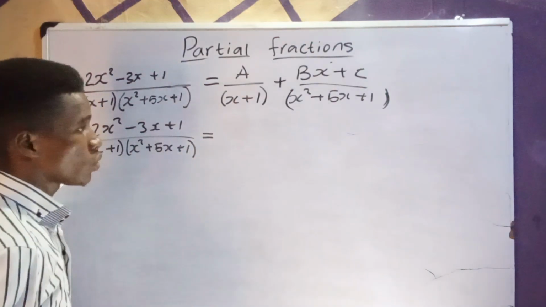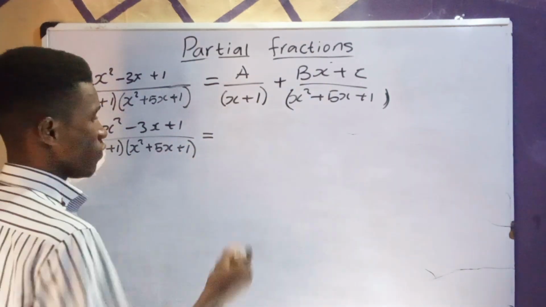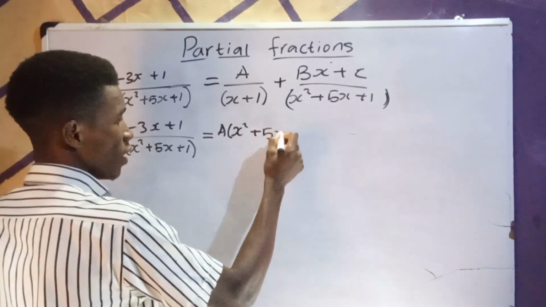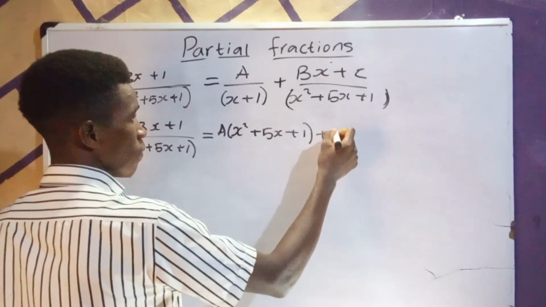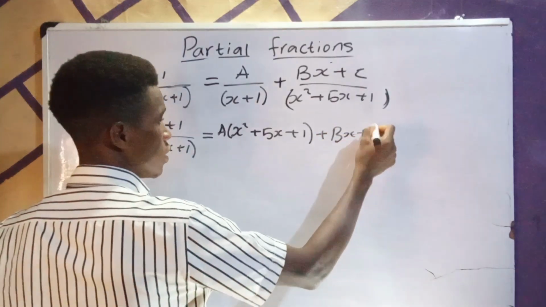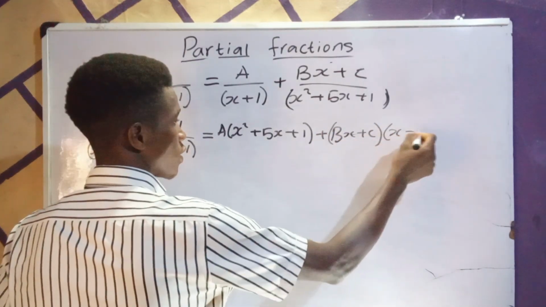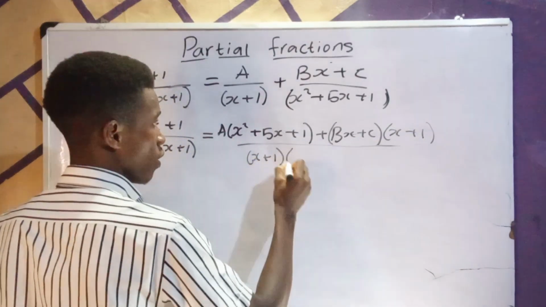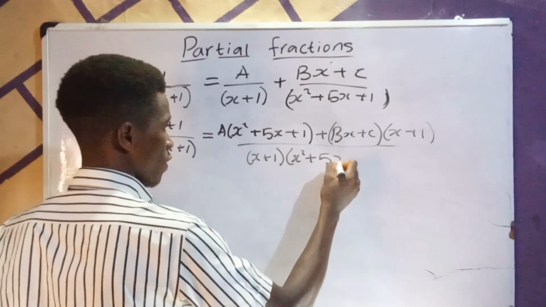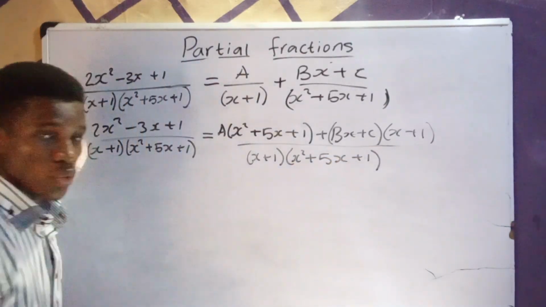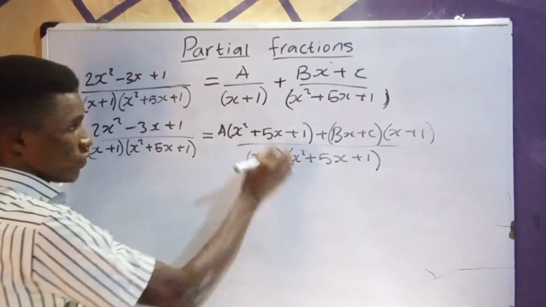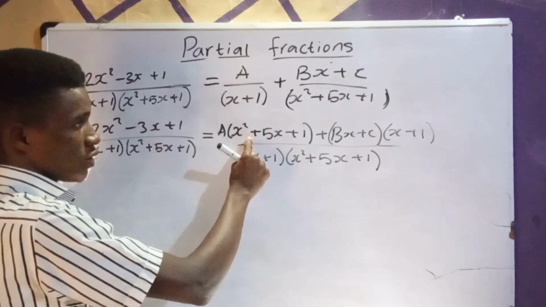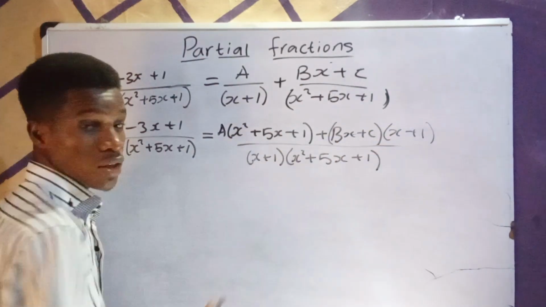I'll say that this is equal to, the same way we did it before, A, that's when we take the LCM, times (x squared plus 5x plus 1) plus (bx plus c) times (x plus 1), over (x plus 1)(x squared plus 5x plus 1). So we have multiplied it. The LCM of these two things is this. I'll say this divided by this, you are left with only this one. So we multiply it, A times this, and this factor times this one. So that's how we follow.